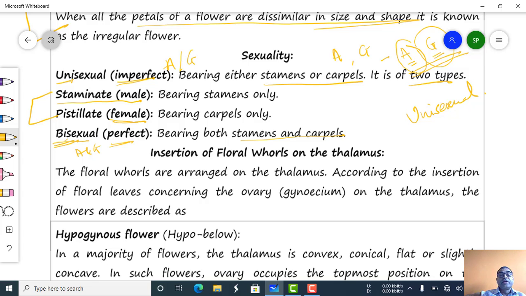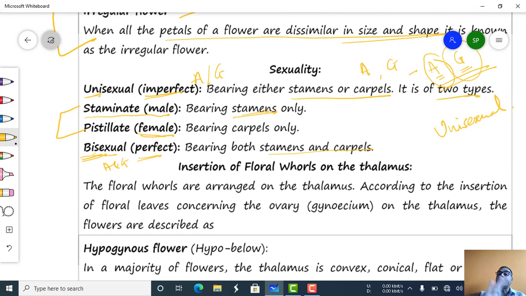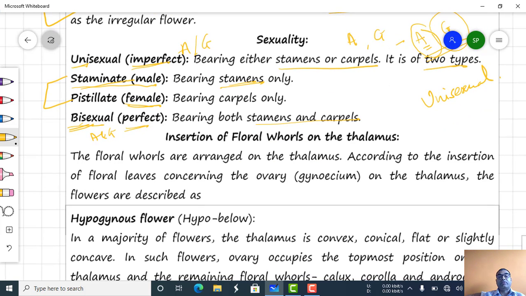So the unisexual flower is of two types: male flower or staminate flower, and female flower or pistillate flower or carpellate flower. If a flower possesses only stamens, carpel being totally absent, then the flower is called a male flower or staminate flower. And what is a pistillate flower? Bearing carpels.